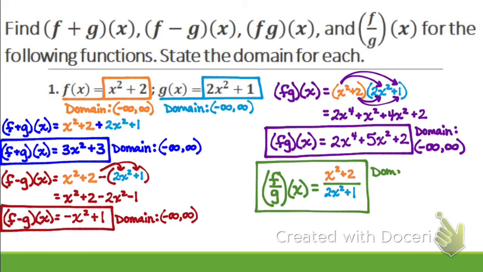But then we have to turn our attention to the domain. This was one that I can't just say it's the same as the other three. What restriction do we have on this? Denominator cannot equal 0. 2x squared plus 1 cannot equal 0. That would make it undefined. So I need to figure out what values of x would do that to my denominator.